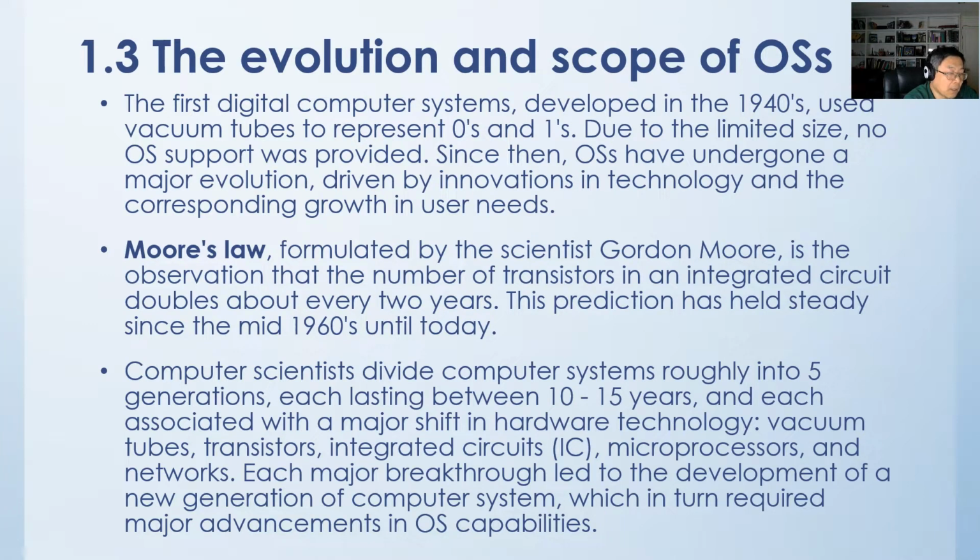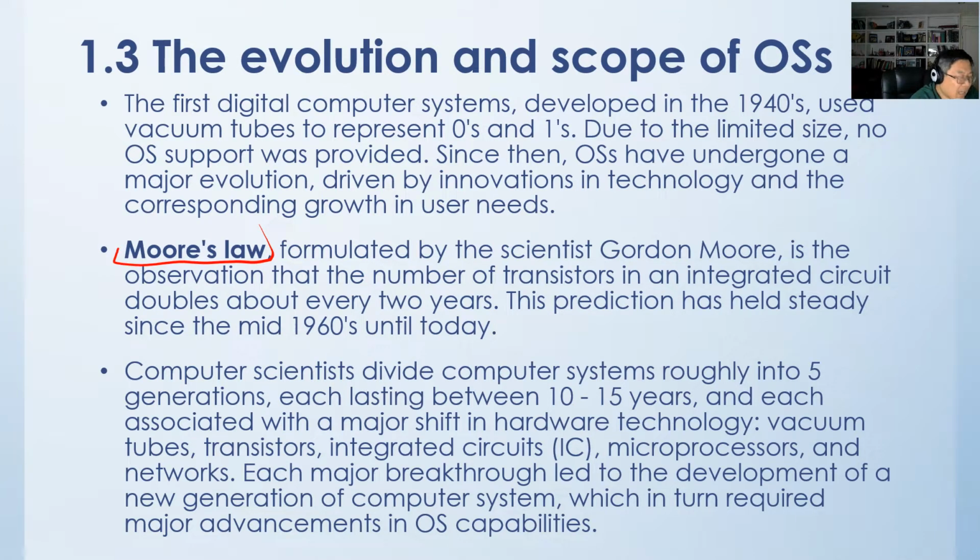Since then, operating systems have undergone a major evolution, driven by innovations in technology and the corresponding growth in user needs. One of the terms is called Moore's law. It is a term used to refer to the observation made by a computer scientist called Gordon Moore.